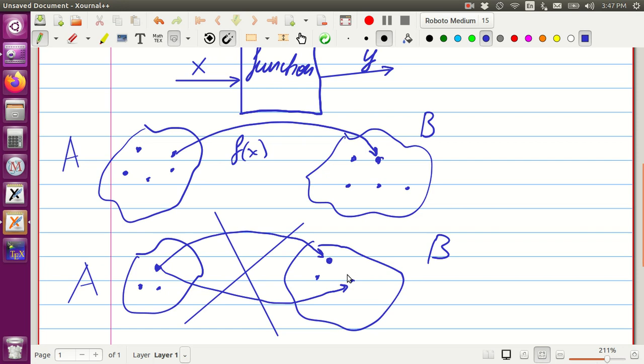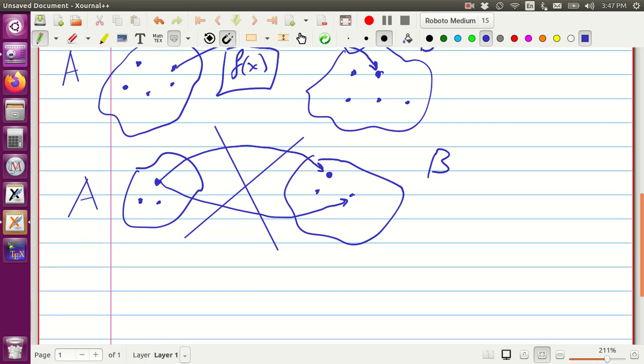All right. So I use this notation f of x, but I didn't really explain what it means. So maybe that's the time to explain what this f of x means.